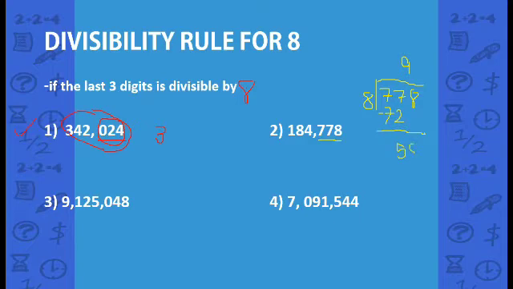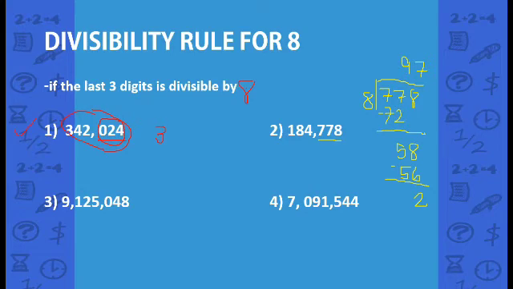Then, bring down 8. 58 divided by 8, okay, 7. 7 times 8 is equals to 56. So, 58 minus 56 is 2.